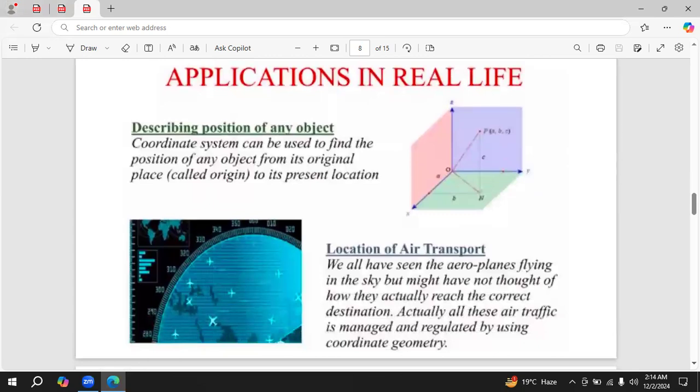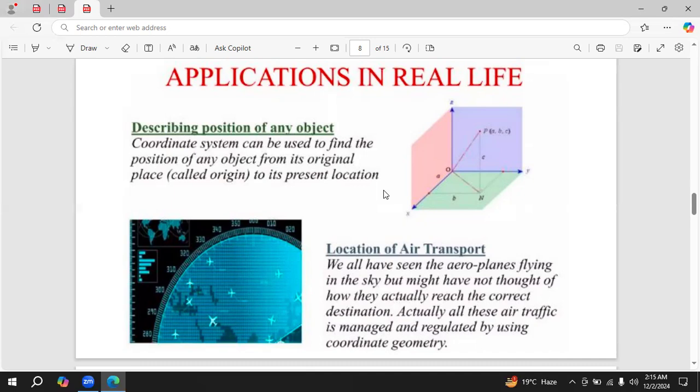It has a very basic, general purpose in describing the position of any object on Earth, or in the universe, you could say. The coordinate system is used to define the position of any object from its original place, that is called the reference point, to its present location.